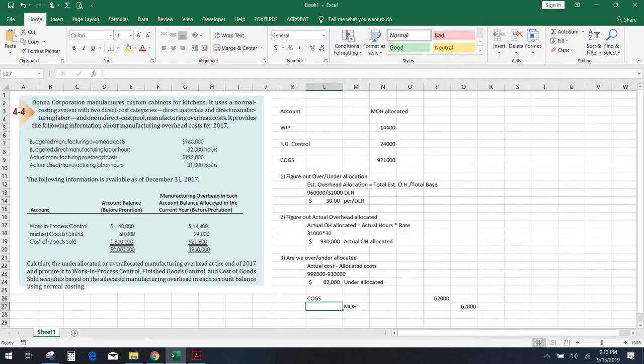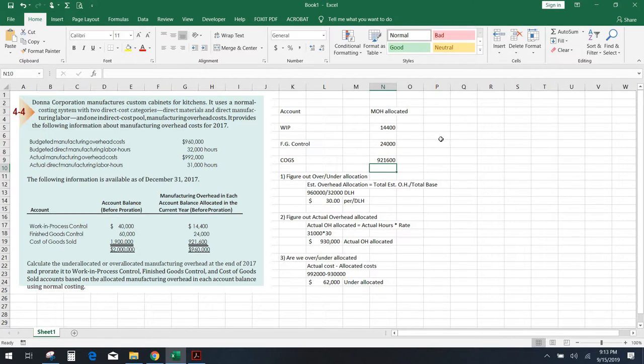But in the problem, it wants us to spread that out amongst the work in process, the finished goods, and the cost of goods sold. So what we're going to have to do is figure out how much of this 62,000 we're going to place in each one of these accounts. How much is going to go to work in process, how much to finished goods, and how much to cost of goods sold. So in order to do that, we have to figure out what percentage of that total.